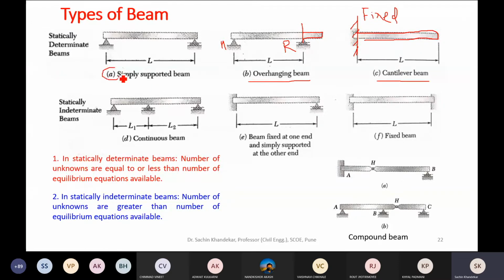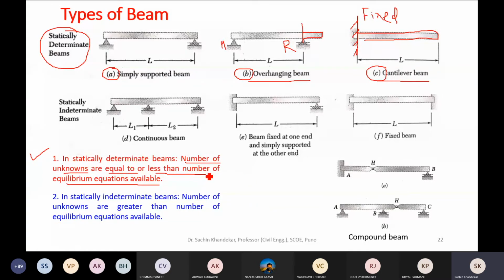Now these three types of beams, A, B, C, are called statically determinate beams. What do you mean by statically determinate beams? In case of statically determinate beams, the number of unknowns is equal to or less than the number of equilibrium equations available. I hope you understood the definition.